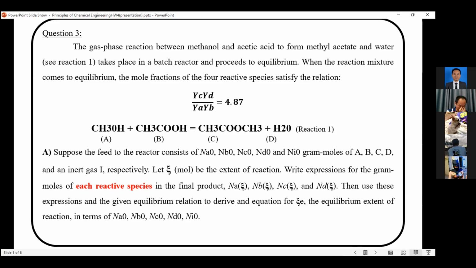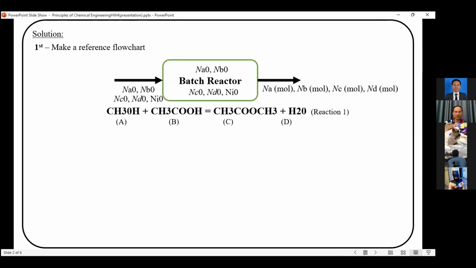We need to write expressions for gram moles of each reactive species in the final product, and then use these expressions and the given equilibrium relation to derive an equation for xi_e, the equilibrium extent of reaction, in terms of the initial moles of A, B, C, D, and I. First, I'm not sure if this is needed, but I wrote a reference flow chart.